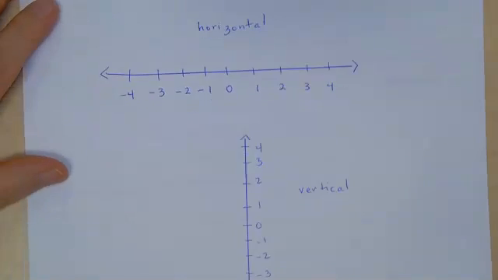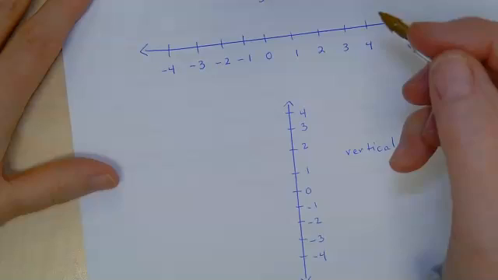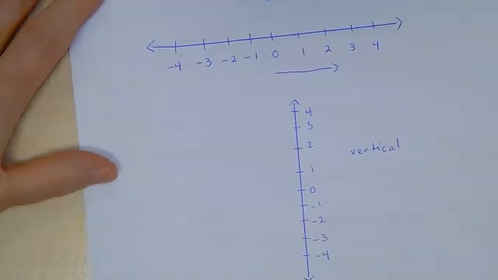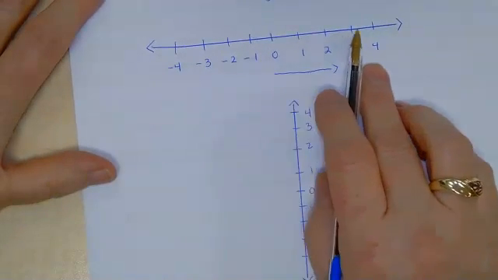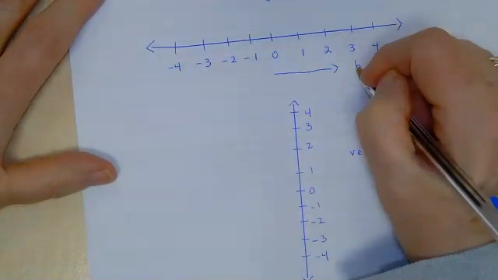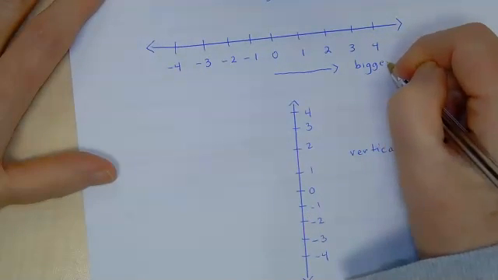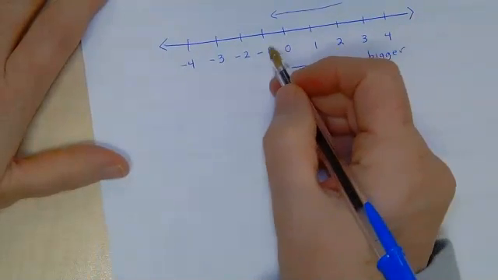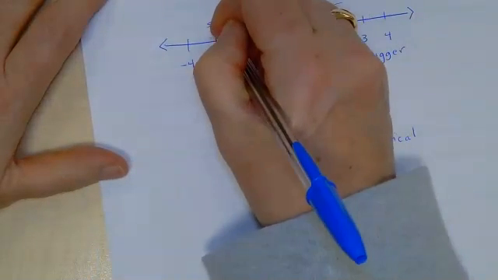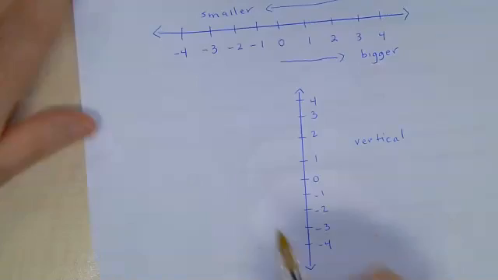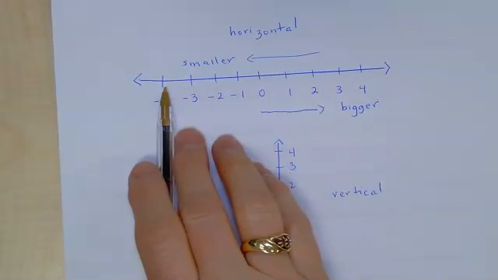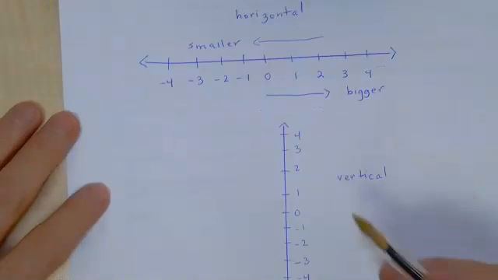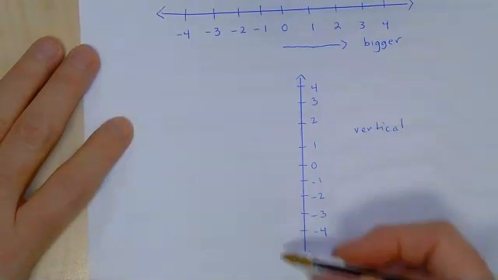Now, the other thing we're going to talk about on a number line is that as you move to the right on a number line, if you go this way, the numbers keep getting bigger. But if you go this way on the number line, 4, 3, 2, 1, 0, the numbers keep getting smaller while you move. So if you move to the left, they get smaller, and if you move to the right, they get bigger. So let's see what would happen on the vertical number line then.